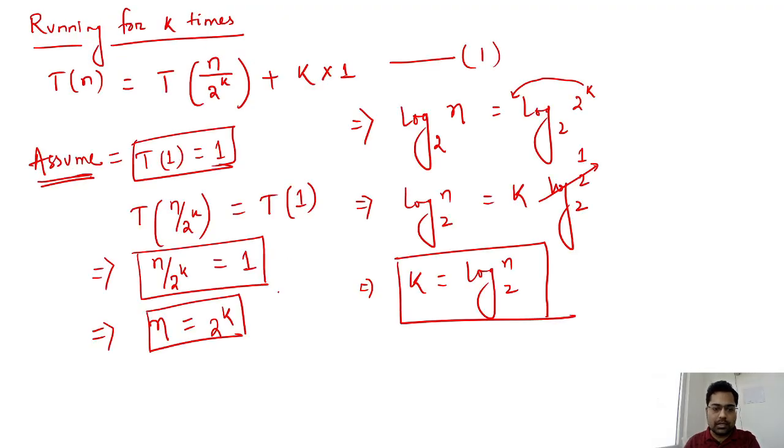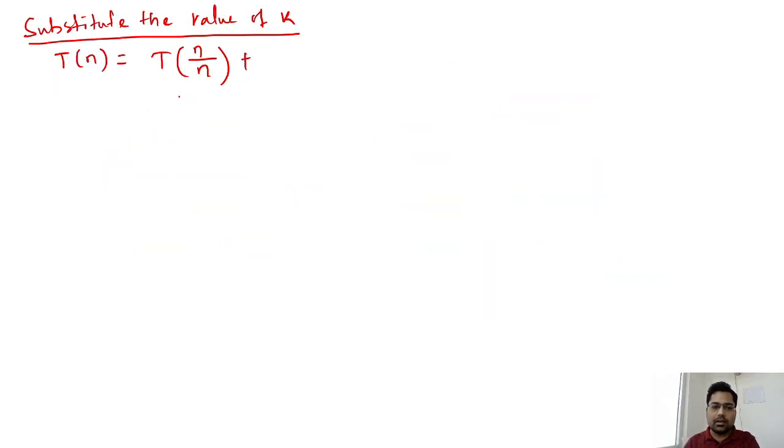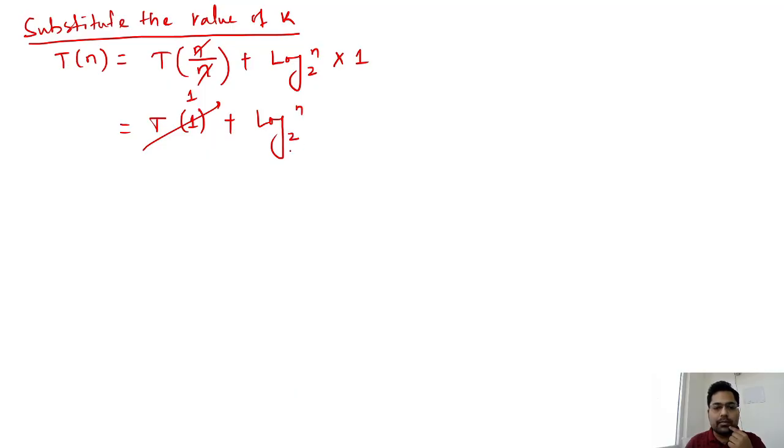As per equation 2, n equals 2 to the power k, this is equation 3. Next, k is log n base 2 into 1. Done. This is how we reduced. T of 1, the value is 1, times log n base 2.